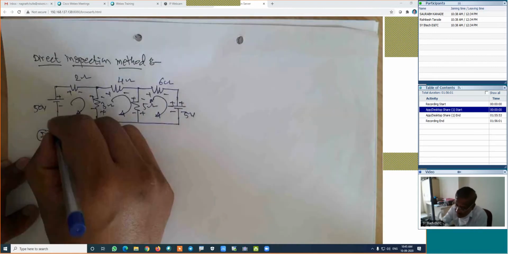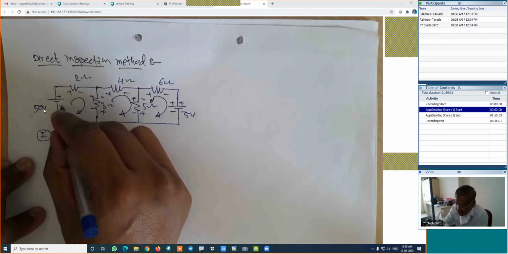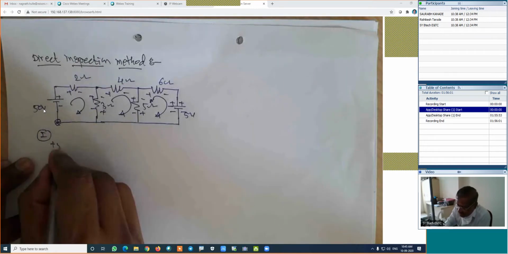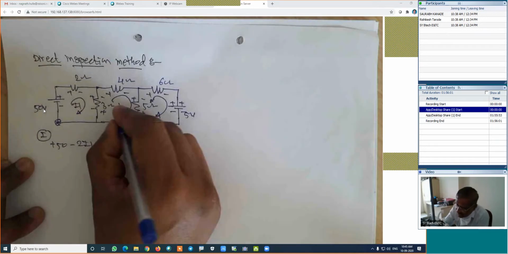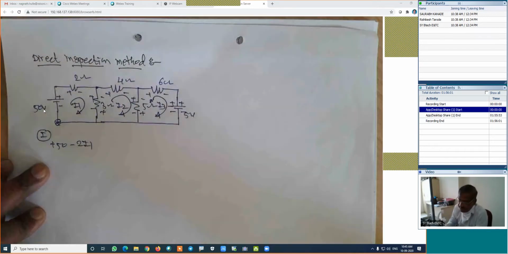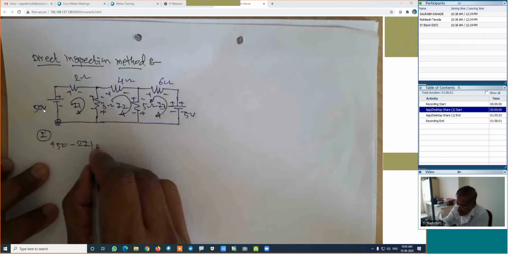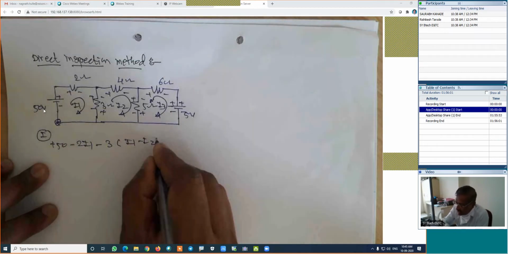Look carefully. We have already discussed it. If we apply KVL to this, negative to positive, which is plus 50, then minus 2 into I1. If I take this as I1, this as I2, and this current as I3, it is 50 minus 2I1 minus 3 into (I1 minus I2), which is equal to 0.